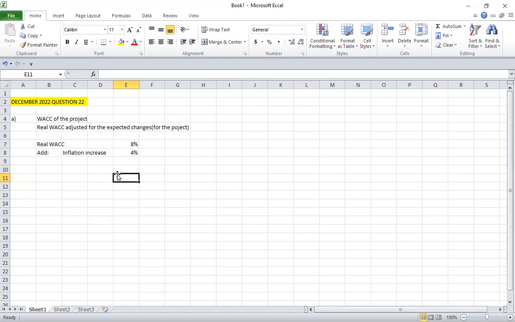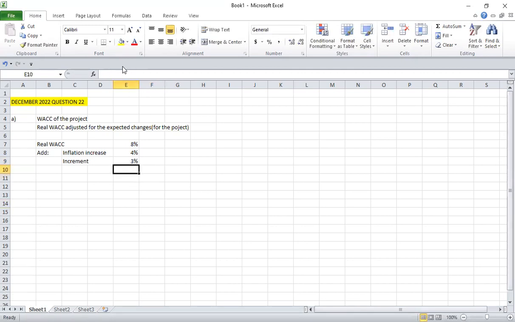Look at the last statement as well. We are told that due to the risk of the project, Jen feels that the relevant nominal rate should again be increased by 3%. So another increase, we are told this would be 3%.